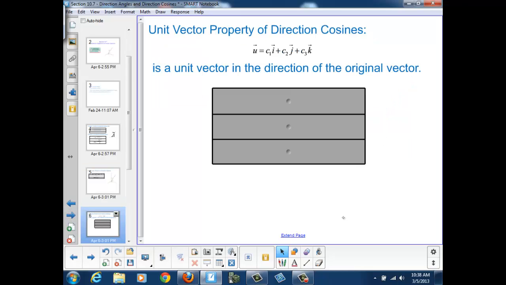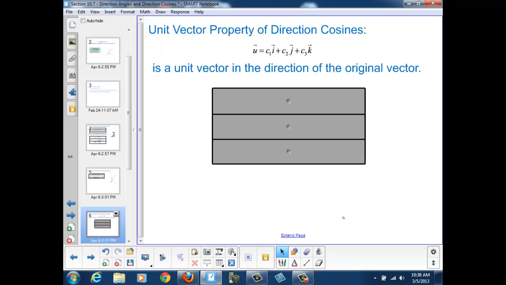This Pythagorean property leads us to another property. If we take those direction cosines, C1, C2, and C3, and place them as the components of a vector, that vector is a unit vector in the direction of the original vector.